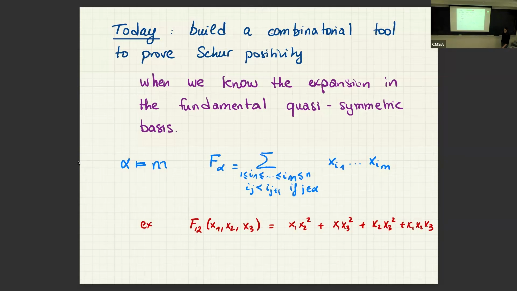So the quasi-symmetric functions are a superset of the symmetric functions, and they are indexed by compositions. So we have partitions.